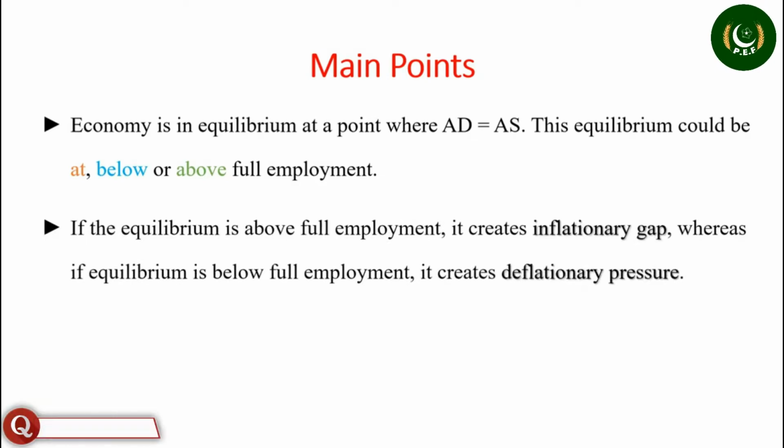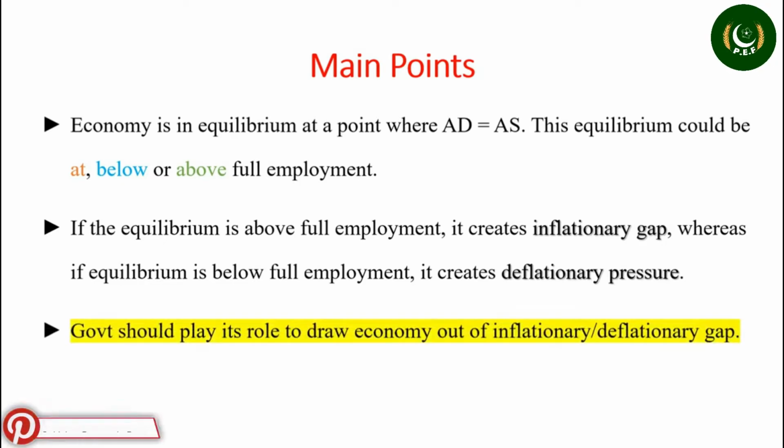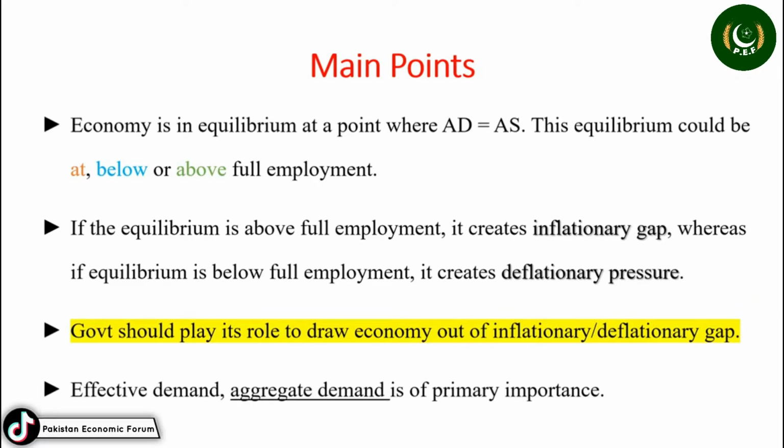If the equilibrium is above full employment, it creates inflationary pressures, whereas if the equilibrium is below full employment, it creates deflationary pressures. Government should play its role to draw economy out of inflationary or deflationary gaps. And the effective demand, which is the aggregate demand, is of primary importance.